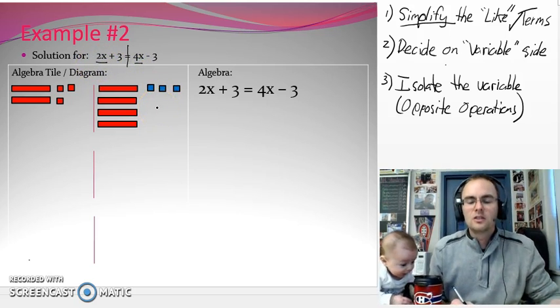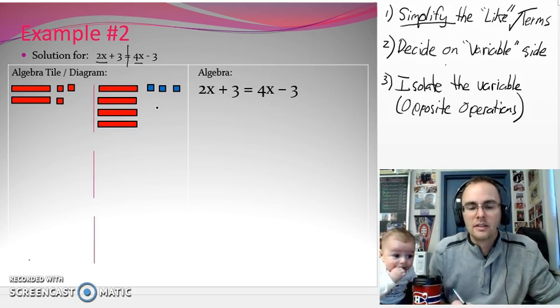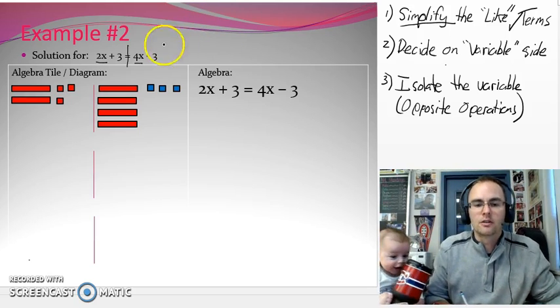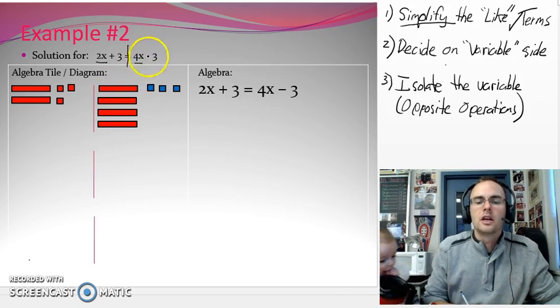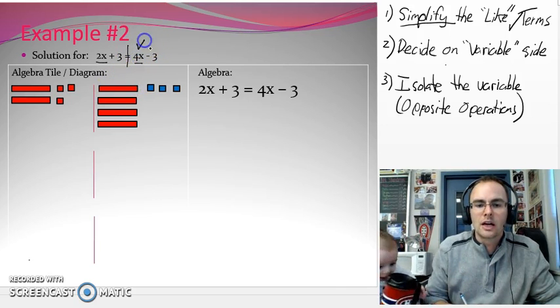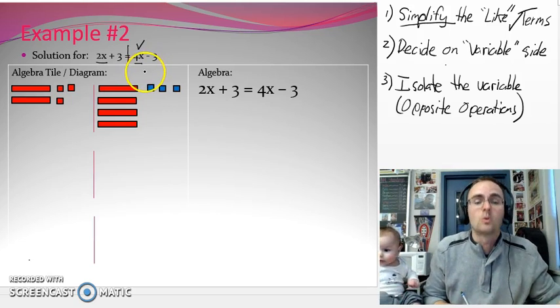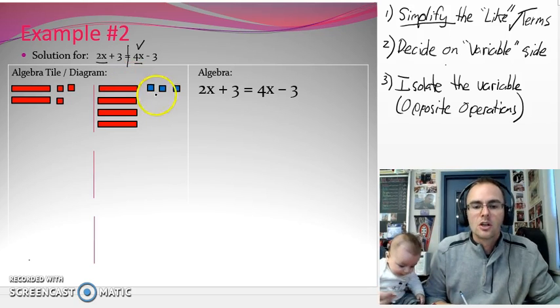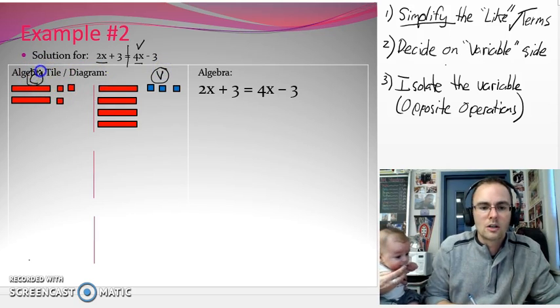So you need to avoid ending up with a negative x in the end. You want to decide what side you're going to represent your variables and what side of the equal sign will be for your constants. You always want to choose the side that has more variables in it to avoid negatives in the end, which requires you to do an extra step. But I like to avoid extra steps. So this side here is going to be my variable side, and this side here will be my constant side.